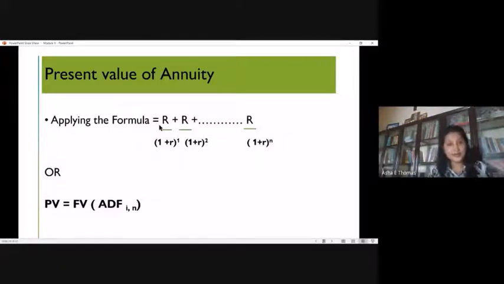So what I can do is 10,000 by 1 plus r raised to 1, plus 10,000 by 1 plus r raised to 2, and so on. Assume r is 10%. In that case, it would be 10,000 by 1 plus 0.10 raised to 1, plus 10,000 by 1 plus 0.10 raised to 2, 3, 4.